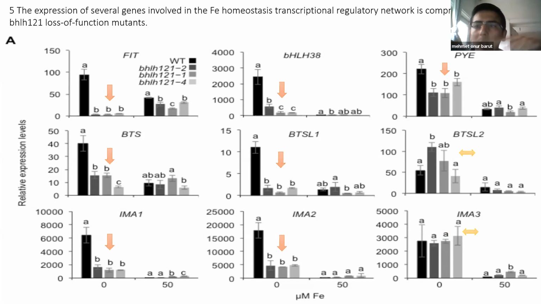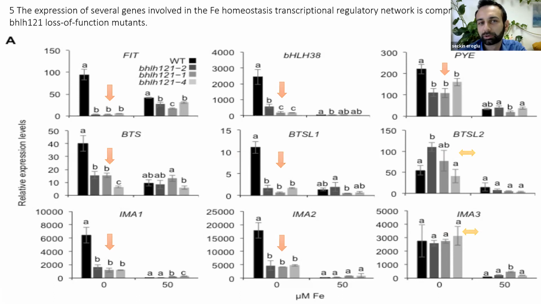BHLH121 directly affects the other genes, but for these ones it's not direct, but they try to show there's another relationship, and somehow it affects these genes. Yeah, I think IRT1 and FRO2 are proteins, but these are all regulatory things, transcription factors.